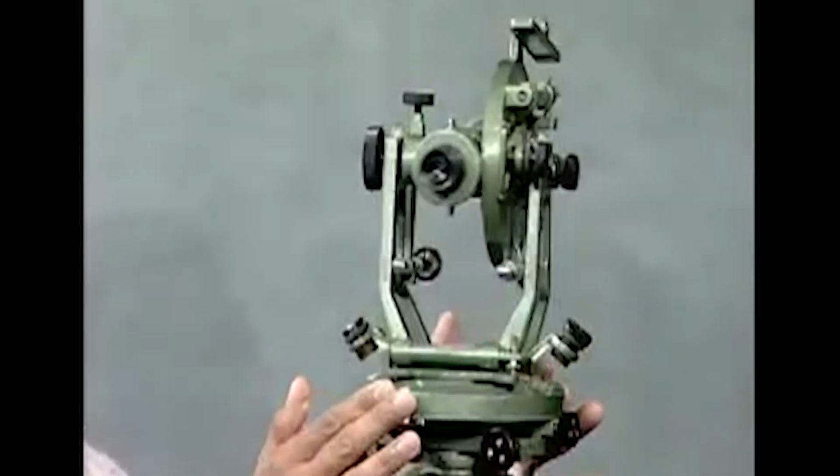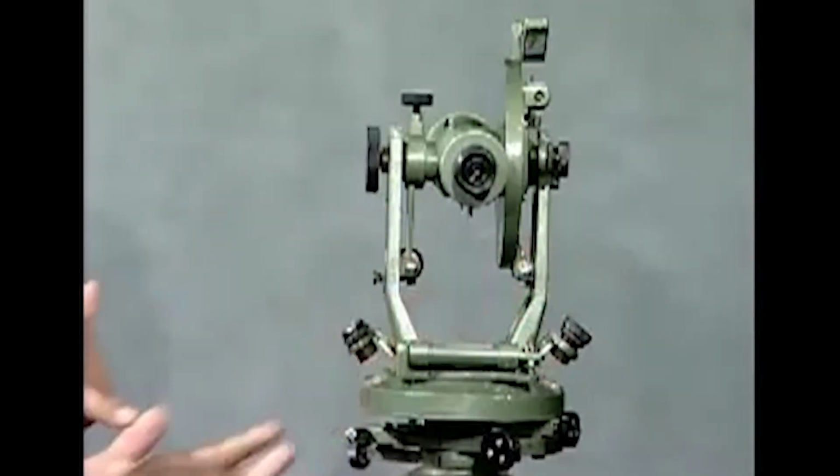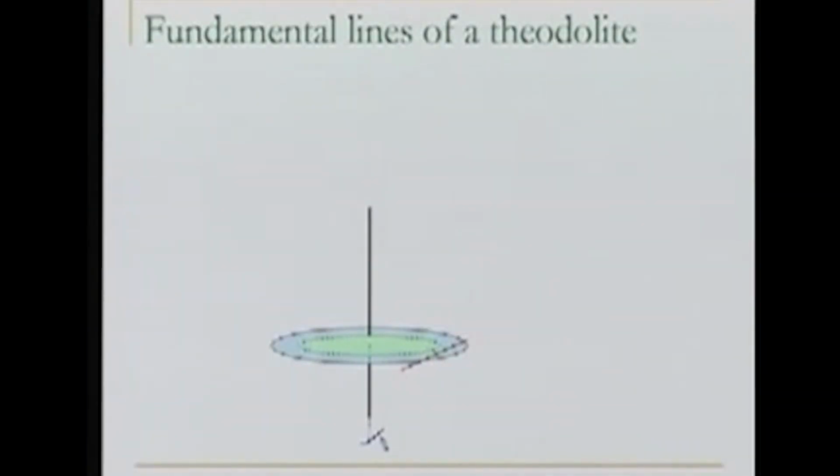If I clamp the entire theodolite by the lower clamp, it is still rotating. The lower plate is not rotating now, only the upper one is rotating, along with the verniers. So there is another axis which we can define. This is the axis of the vernier frame, or inner axis. This dotted line here is the inner axis.